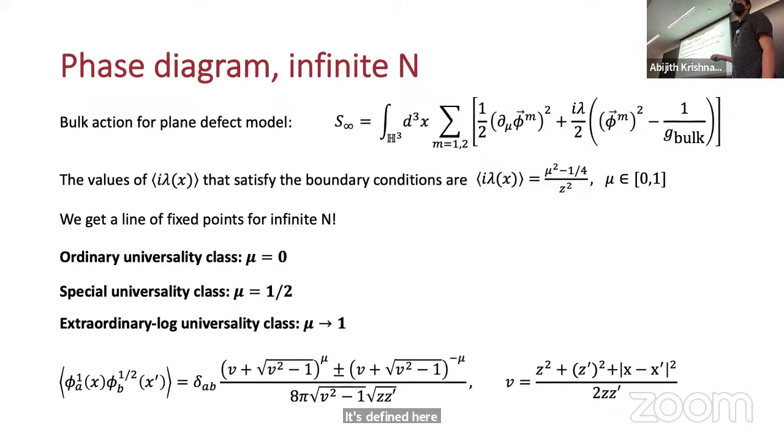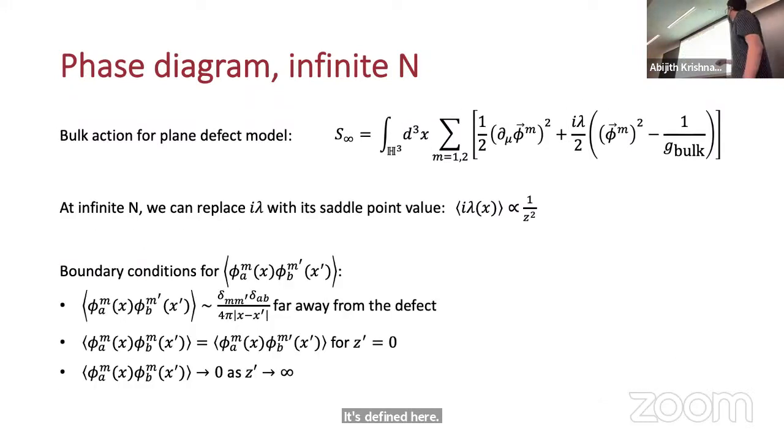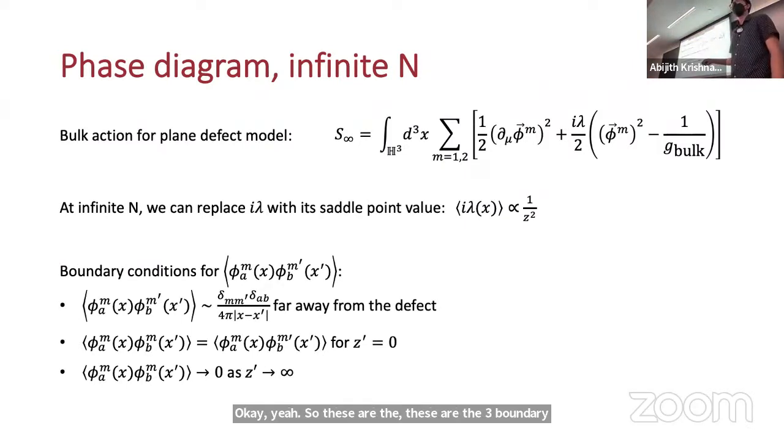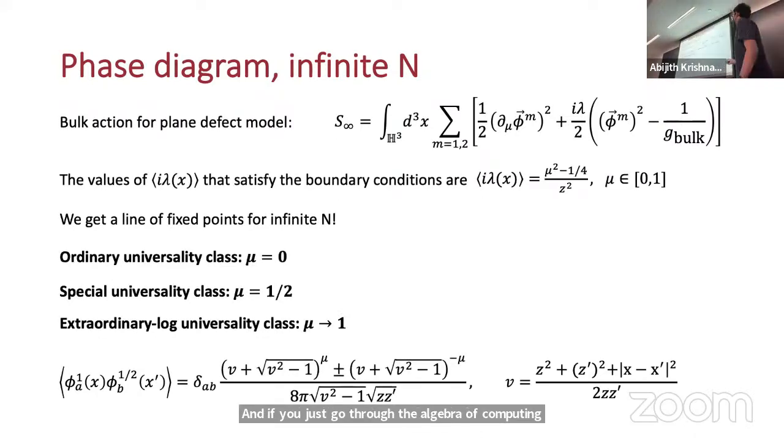So these are the 3 boundary conditions that we had to satisfy. And if you just go through the algebra of computing what the Green's function is, this is what you get. And the values of mu that satisfy those 3 boundary conditions lie between 0 and 1.